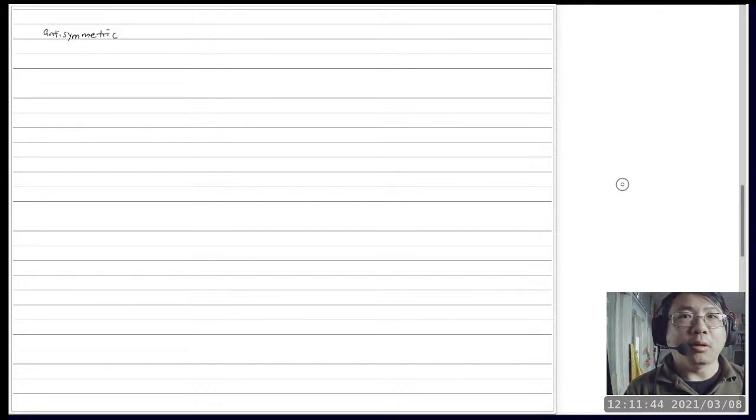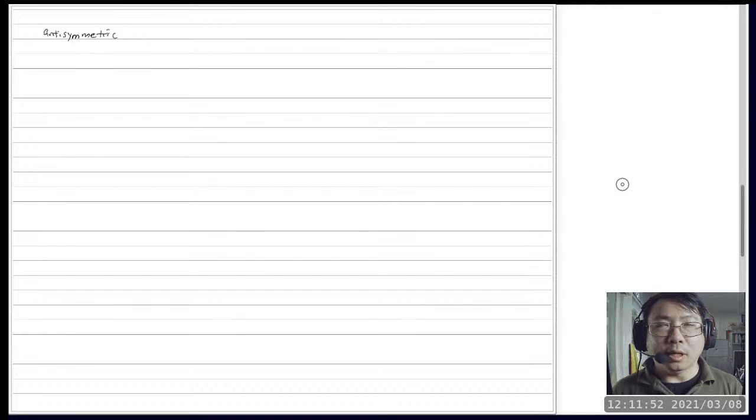There we go. Okay, so we want to look at antisymmetric. We want to recall the actual expression, where, if the expression is true, then we can call a relation R over X antisymmetric.